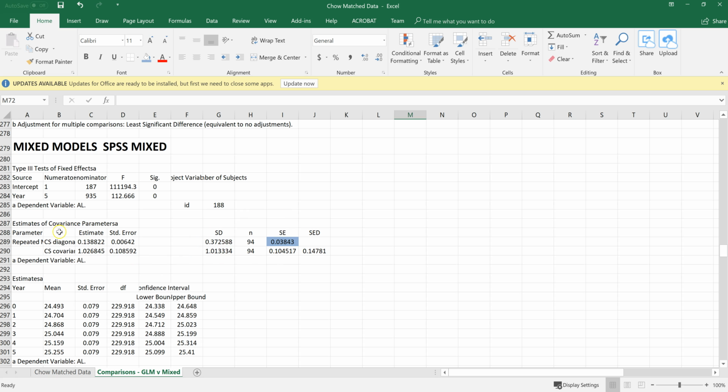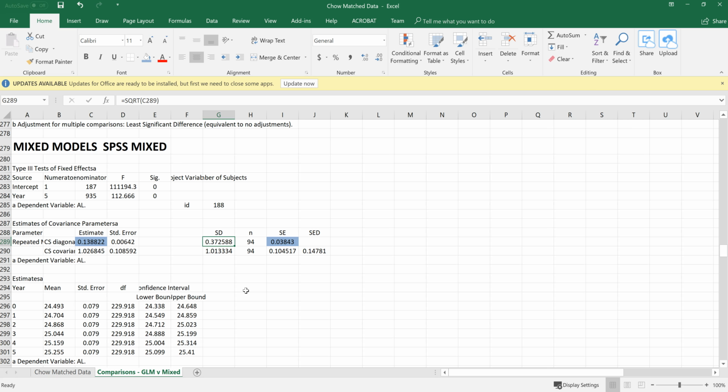So in mixed models, this is the one way by year. We recall that this estimate, this value right here, is the variance. If we take the square root of that, we get the standard deviation. And then if you think about a paired t-test, what is a paired t-test?